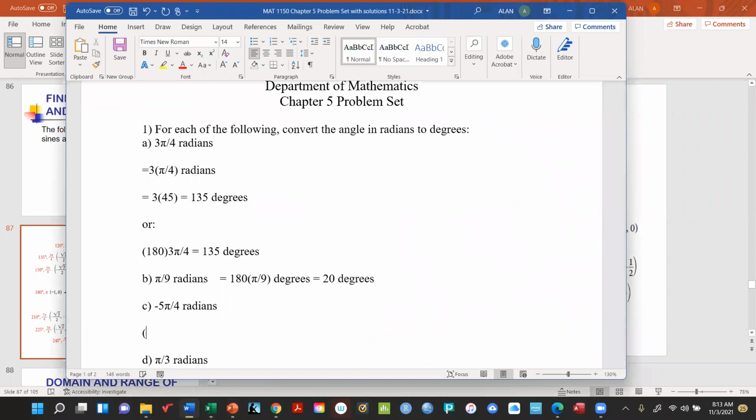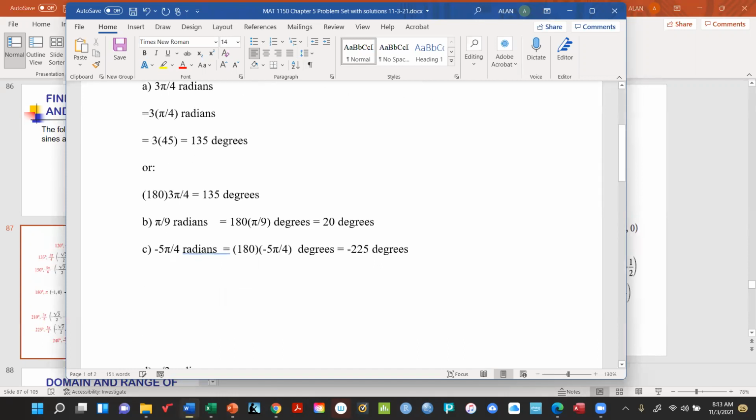We multiply this by 180. We're going to get a negative number, which is fine. But if we need the positive degree, here's what we're going to do. So if you multiply that out, you're going to get minus 225 degrees, which is right. I mean, that's the correct answer.